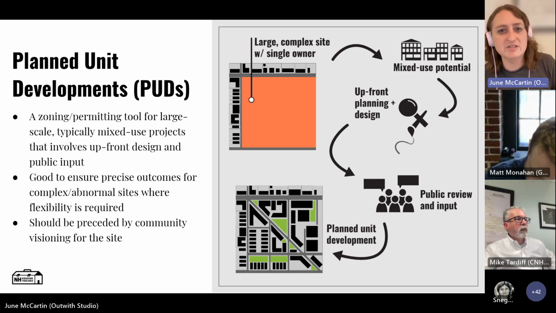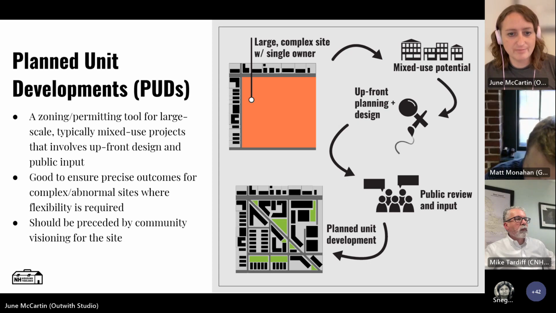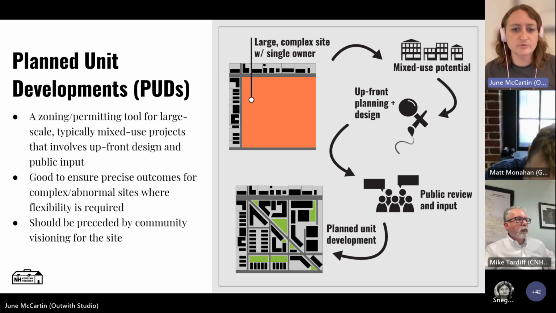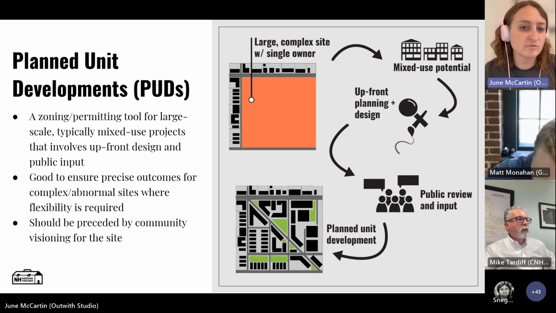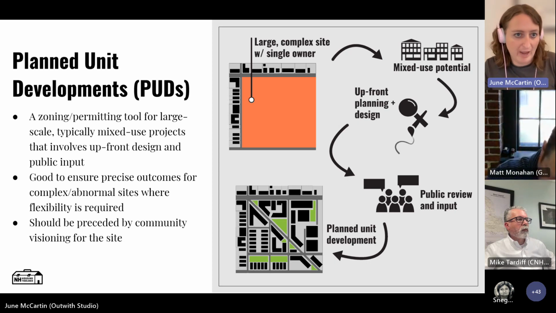So typically these are places that have mixed use potential: housing, retail, perhaps hotels, cultural things like that. It involves taking that site, doing a lot of upfront planning and design along with the landowner, taking that to public input and review, and then, if that plan is approved, specifying that development could proceed in that very specific way.